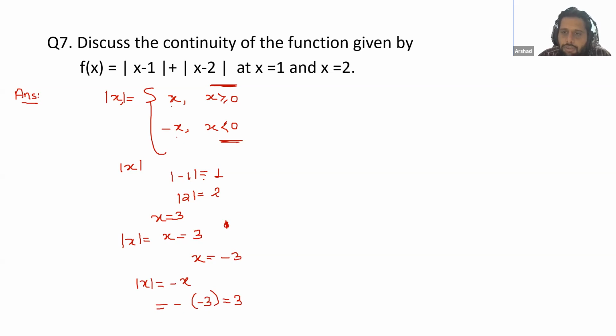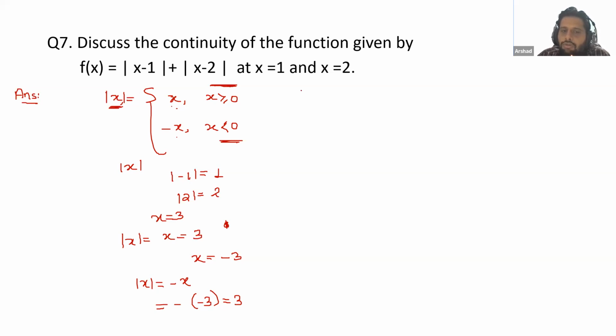So this is the formula for mod x. So how can we define mod x? Mod x is equal to x when x is greater than or equal to 0 and minus x when it is less than 0.